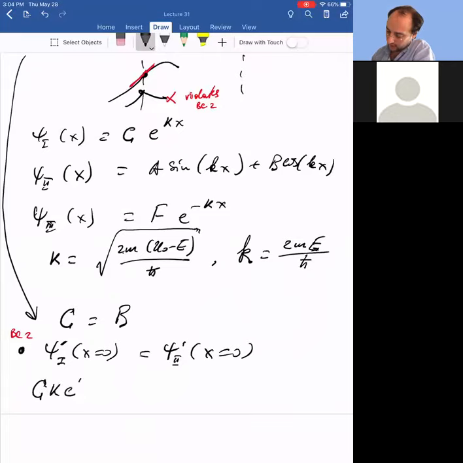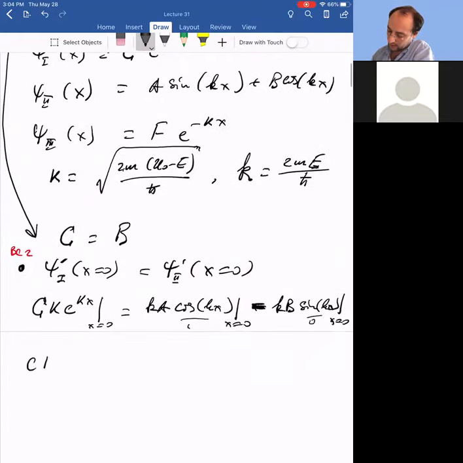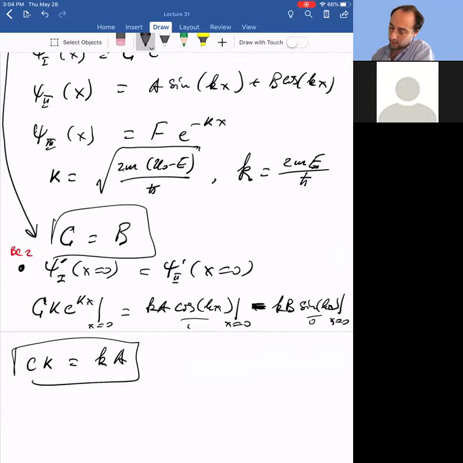C kappa e to the kappa x, evaluate x equals 0, equals ka cosine of kx, evaluate x equals 0, minus kb sine kx, evaluate x equals 0. Okay, so this will be 0, this will be 1, right? And so what I get is c kappa equals ka.